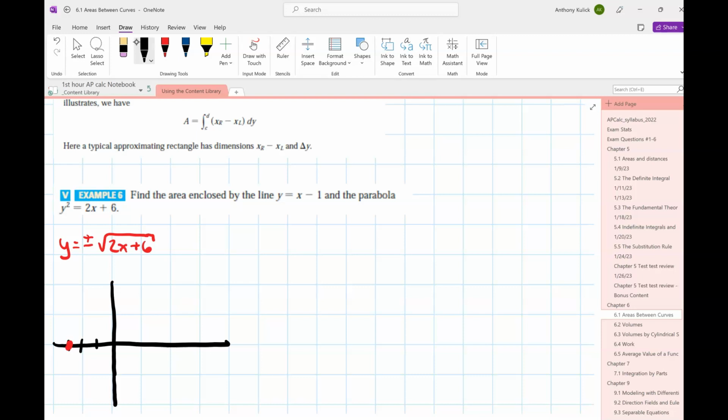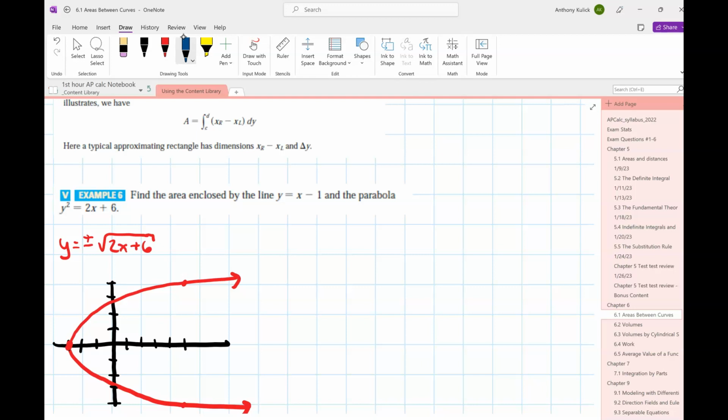If x is 5, bingo, I like that one. So at x is 5, I get 4 and -4. So that's probably enough for me to get a decent picture of what that parabola is doing, right? Everybody feel good on that?